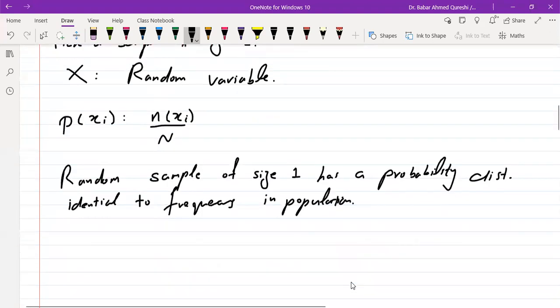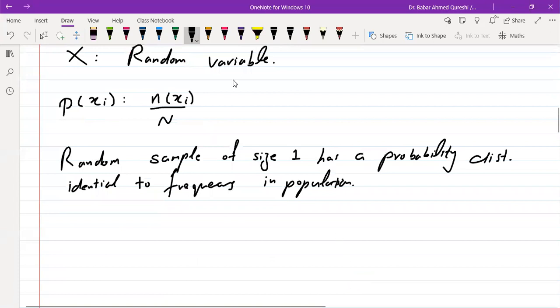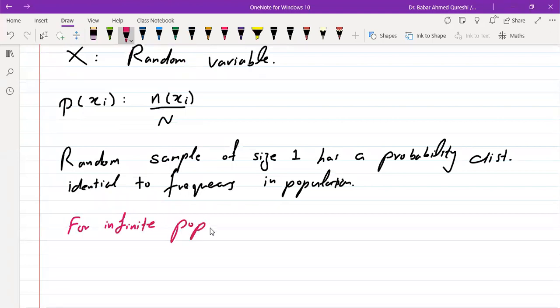And we can do something similar for an infinite population. In this case, you cannot exactly give the frequency interpretation. You give the frequency interpretation by assuming that you have tested this thing for a very, very large number of samples, and you have some population living over here for which you have assigned some probability.